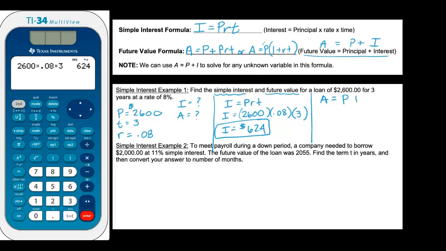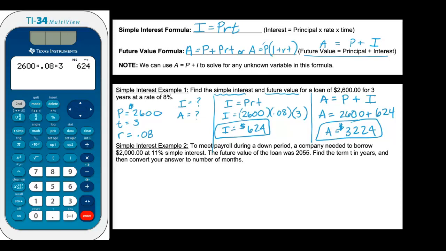So principal plus interest. I know both of those amounts. So the principal is $2,600 plus the interest is $624. And if I add those together, I get $3,224. What that represents is the total that this person ends up paying with this loan when it's all said and done.